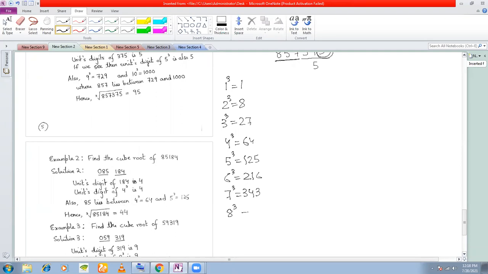And 8 cube is how much? I forgot how much. Wait. 512. And 9 cube is 729. Okay. 10 cube is 1000.